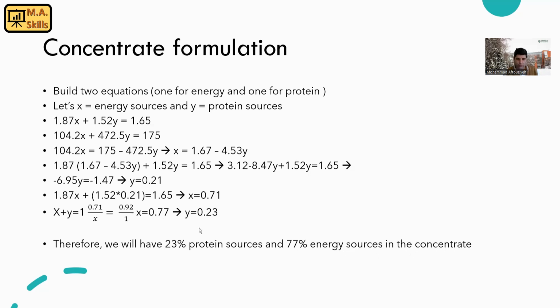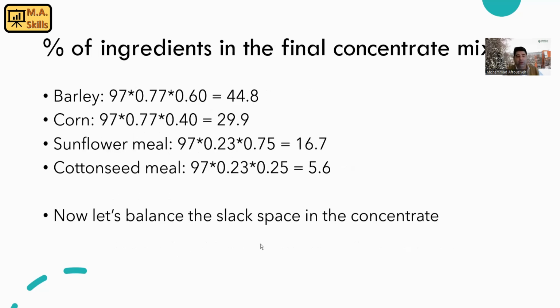The values for protein sources, which was y, and the value for energy sources, which was x. Now I can calculate the percentage of ingredients in the final concentrate mix.